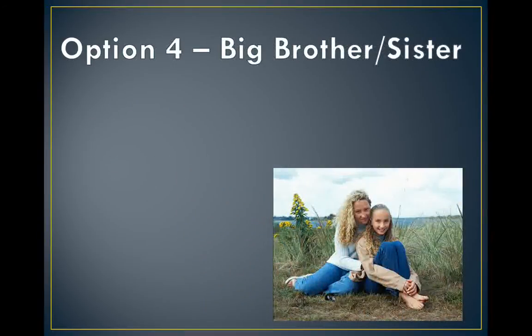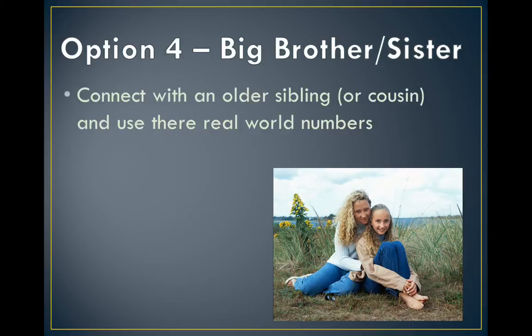The fourth option, and this is a new one, some students brought it to me and said, hey, I have a big sister or a big brother who's going to college right now or living on their own right now. Can I use their numbers, because they're living independently, and it would be a way to see how that would work? This would work too. Get a hold of that big brother, older sibling, cousin, whatever, who's already out, going to college, out in the real world, maybe just starting a job for the first time.